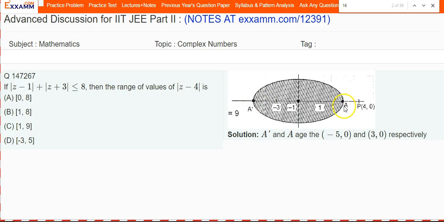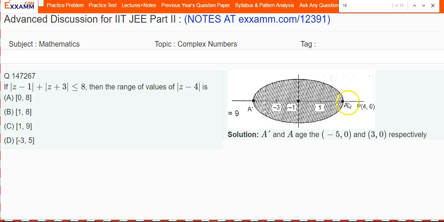We have calculated A's coordinates as 3, 0, so PA will become 1. And what is the value of PA dash? These coordinates are minus 5, 0, and this is 4, 0, so it would be 9. So the range of values would be between 1 and 9. So C is the correct answer.